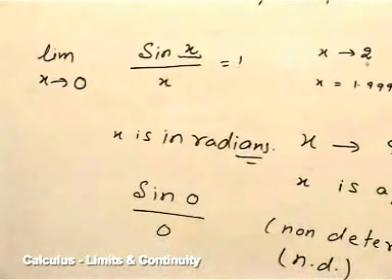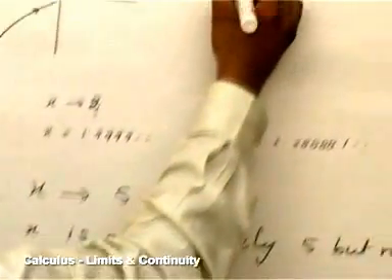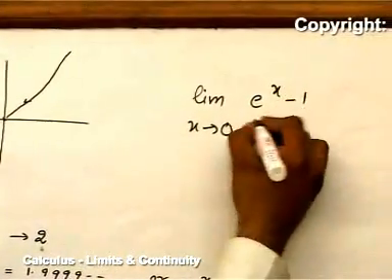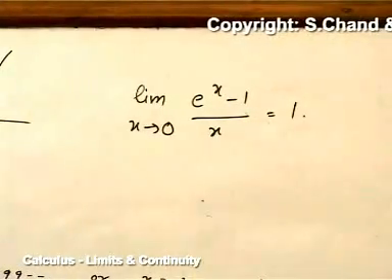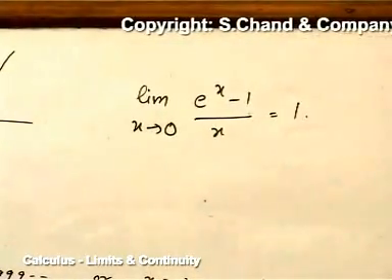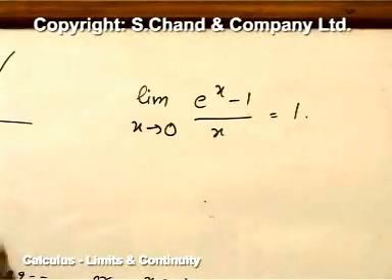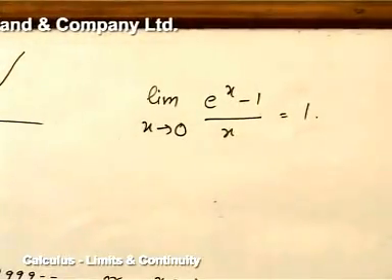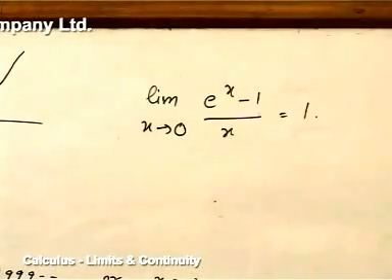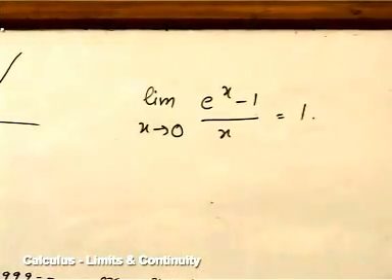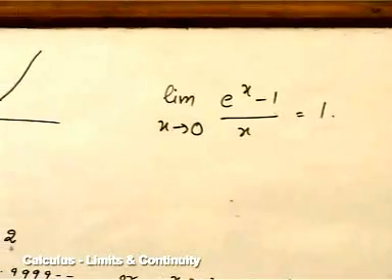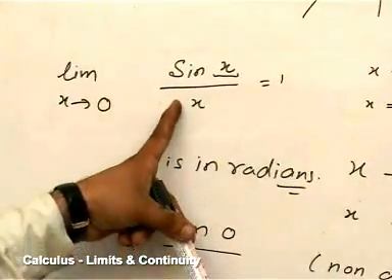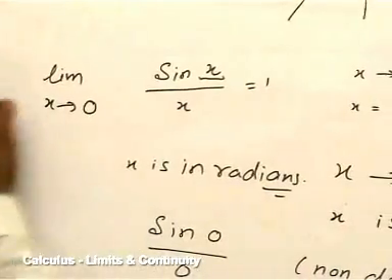Similarly, we might take other values: limit x tending to 0, e to the power x minus 1 over x. This will also come out to be 1. If x is approximately 0 but not 0. If we take 0, it is 0 by 0, which is a non-determinate term, so we cannot have any meaning. So in limits we always convert impossible, if we put directly, to possible, if we put very near to the impossible value.